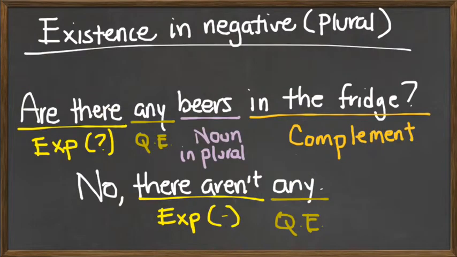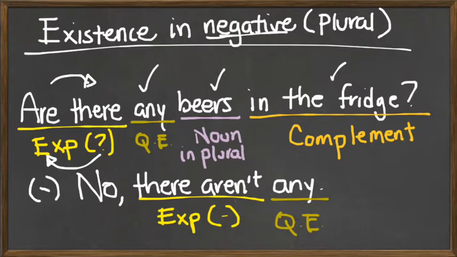Let's continue. Now, if we are expressing the plural form, we have the example, are there any beers in the fridge? And, well, since this is a question, we have that inversion I always tell you about. We have the quantity expression, the noun in plural, and the complement. So the answer is no, because we're looking at the negative.